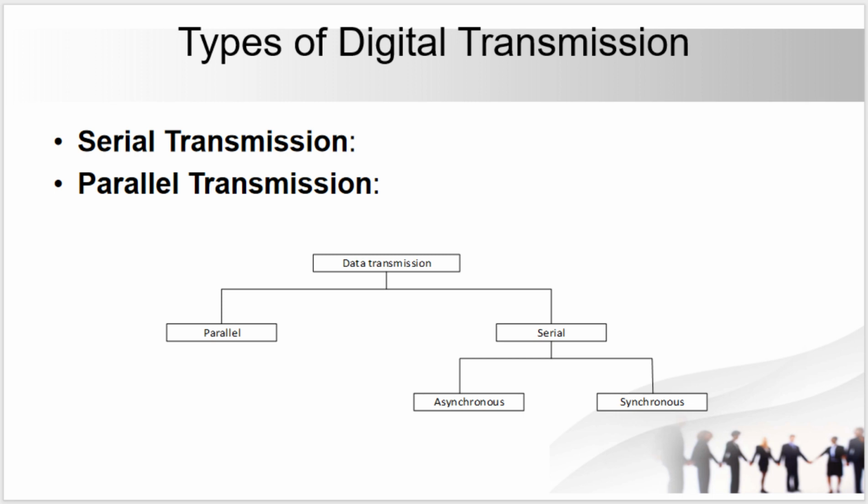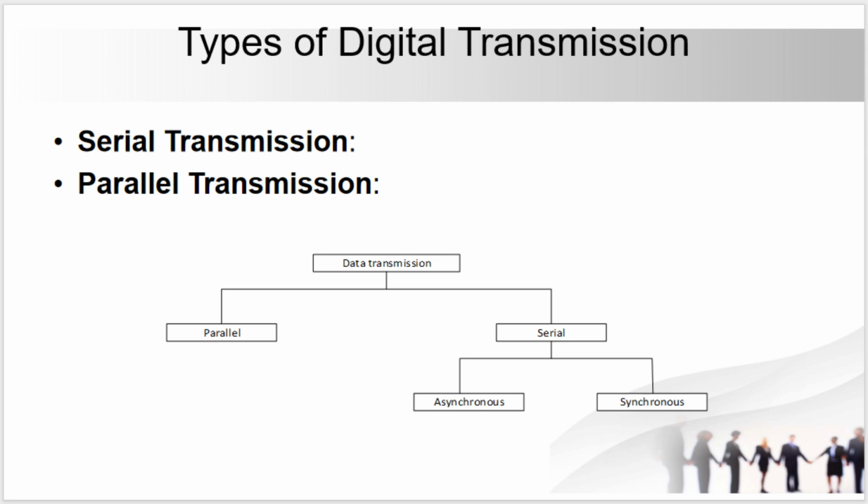It is best for short-distance, high-speed data transfer requirements, such as within a computer system. For the limitation, it is not practical for long-distance communication due to cable complexity and signal degradation issues.